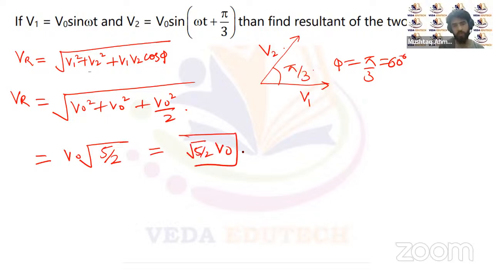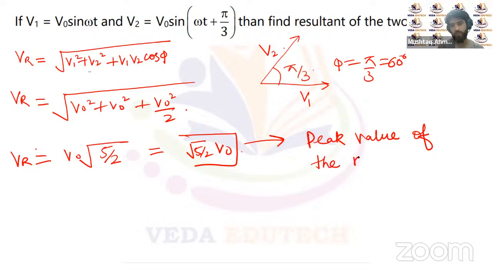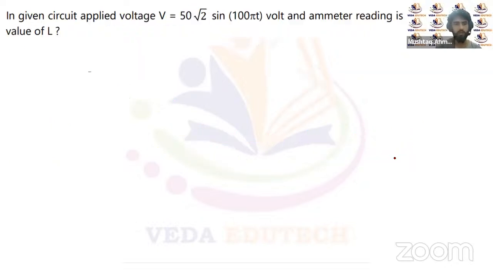This is the peak value of the resultant, right? So this is how you can find the peak value of the resultant of two voltages using the phasor diagram. Now let's move to the next question.